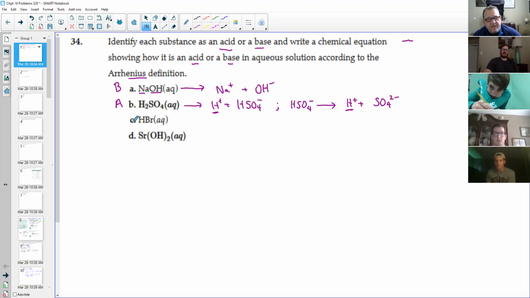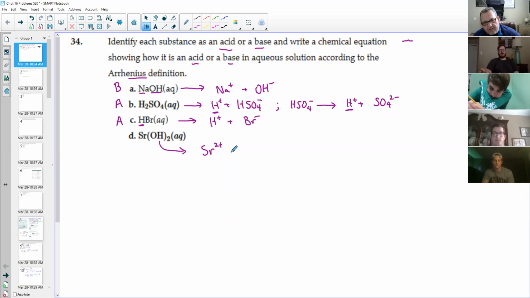All right. The next one, HBr. Some of these in the formulas, it's pretty obvious what's happening. There's only a proton there, so this one is an acid. So it dissociates into the H plus and the Br minus. And then the last one, again, it's pretty obvious as well.